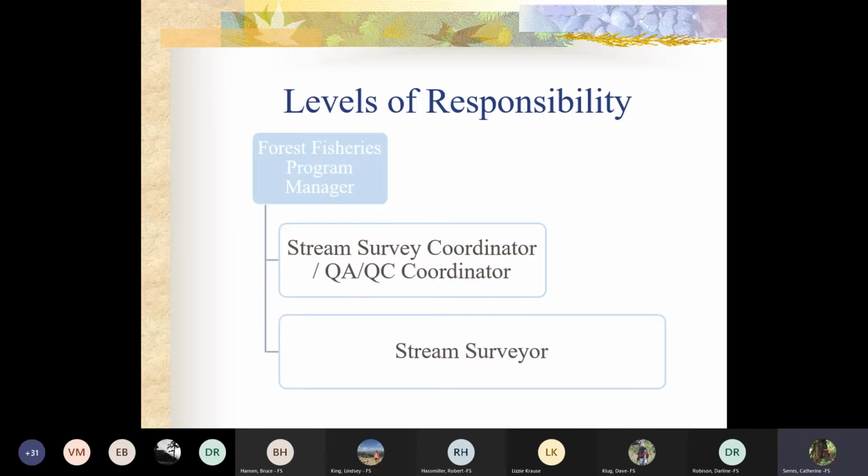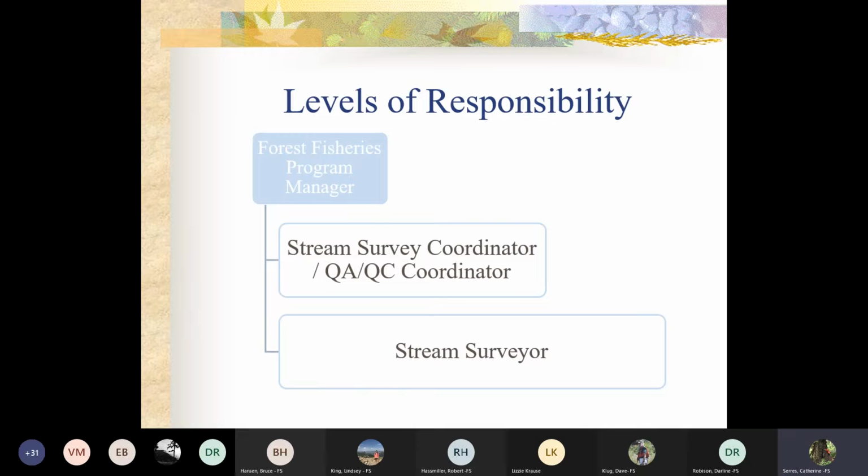So the levels of responsibility, you can see here that I've got the 3 levels. Your Forest Fisheries Program Manager, of course, is the top person, usually the supervisor, the stream survey coordinator. But you can see I made that box the smallest because a lot of times they kind of let you run your own program. They might not know exactly what's going on. They just see the data. They don't know how the programs run.